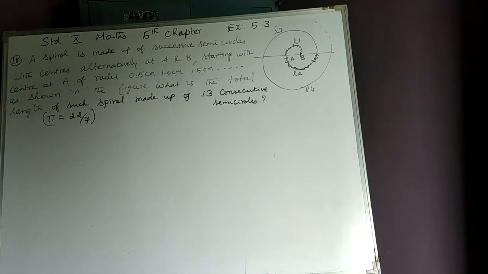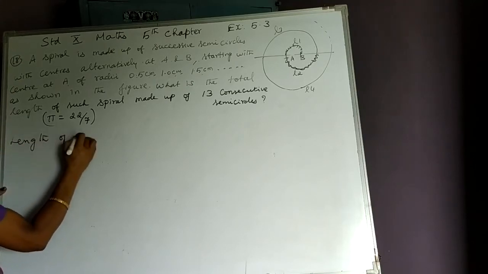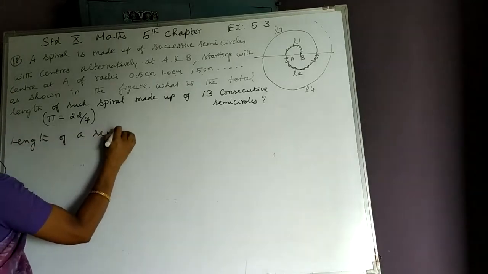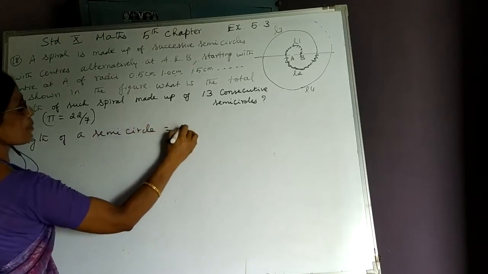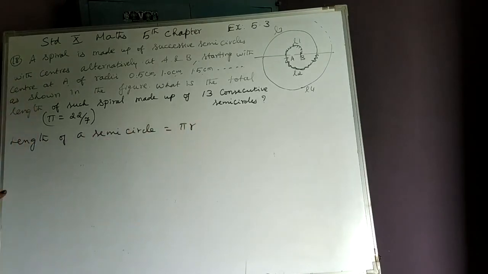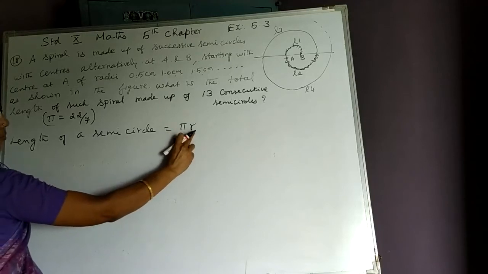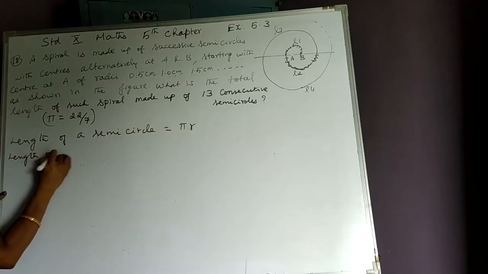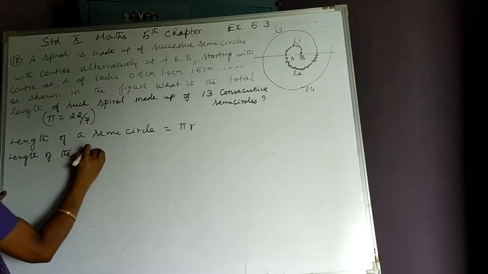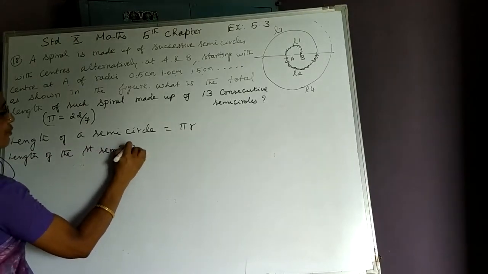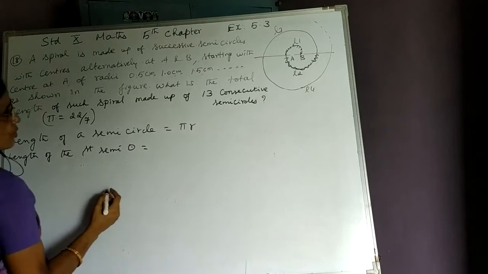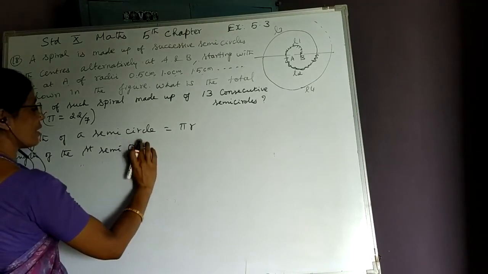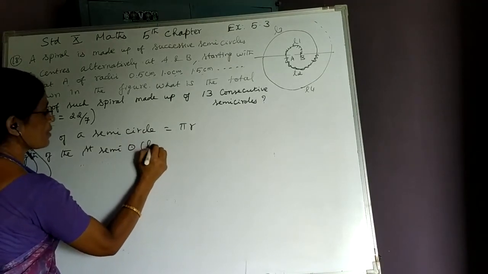But initially we should know how to calculate the length of a semicircle. So let us remember. Length of a semicircle is pi r, right? The formula is pi r. So I find the length of the first semicircle, denoted by L1.